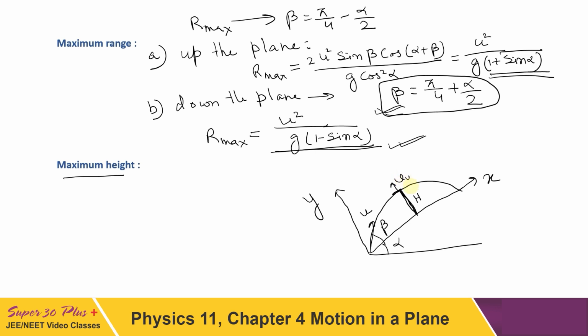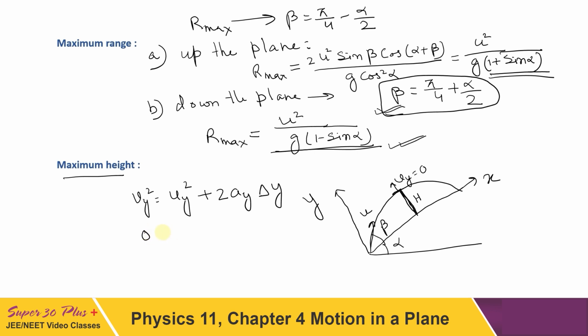So at this point we can write Vy to be 0. If we now substitute this condition in the equation, Vy² = Uy² + 2Ay Δy, then Vy has to be 0 if h is the maximum height with respect to the incline.